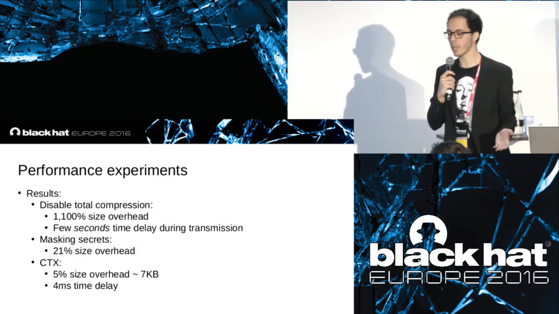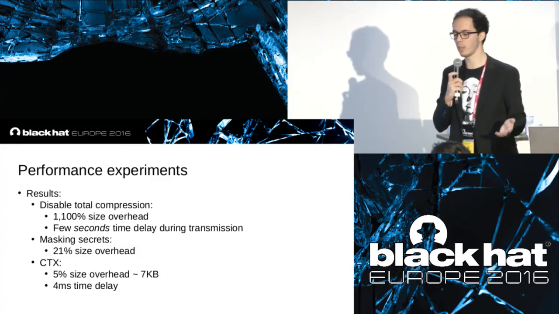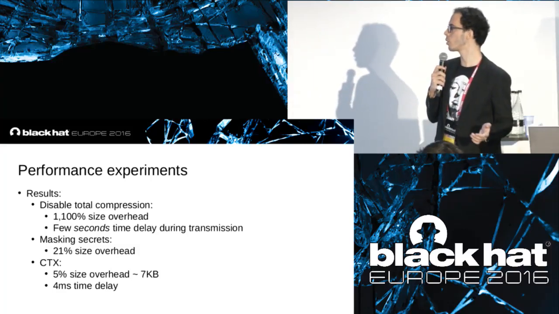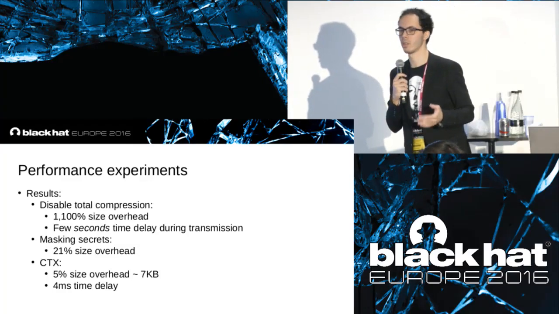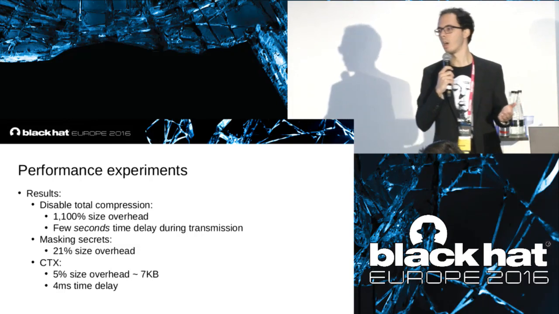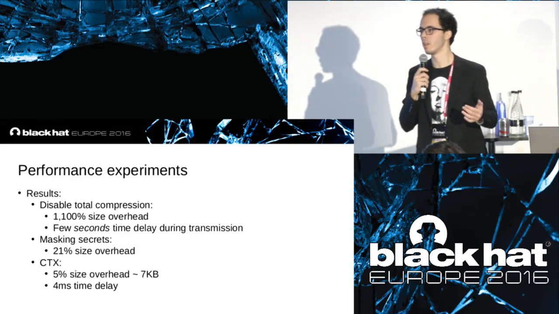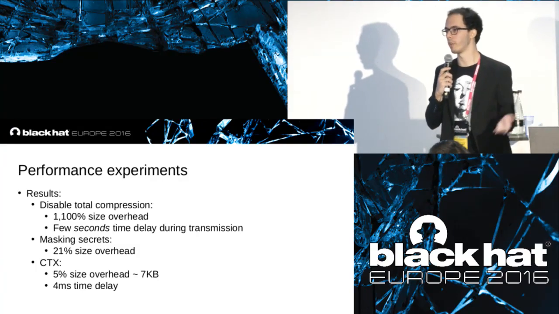In this case, our experiments showed that when using CTX for this same web page, the size overhead will be about 5%, which translates to approximately 7 kilobytes of data sent over the network.